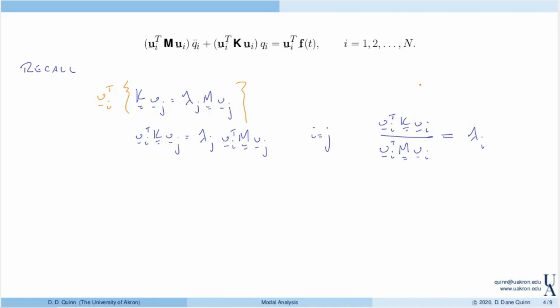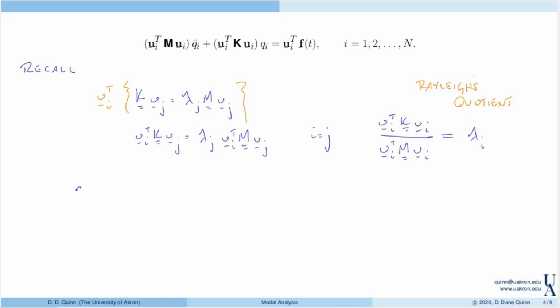This is known as Rayleigh's quotient, and can be generalized to be very useful in finding or approximating eigenvalues. But here we have the ratio of u transpose k u to u transpose m times u. Well, let's go back up and just divide through by this term in front of q double dot.